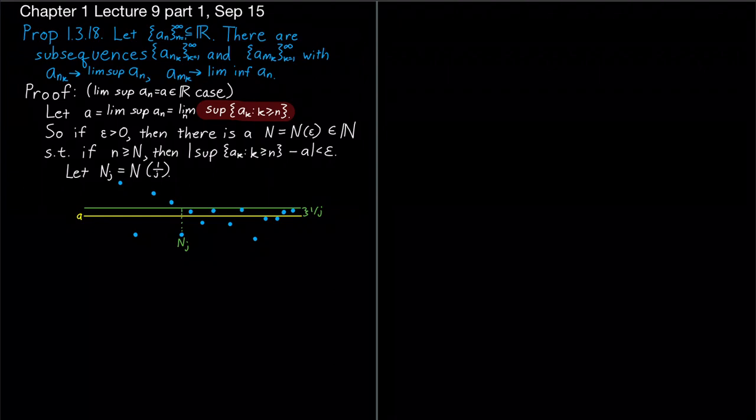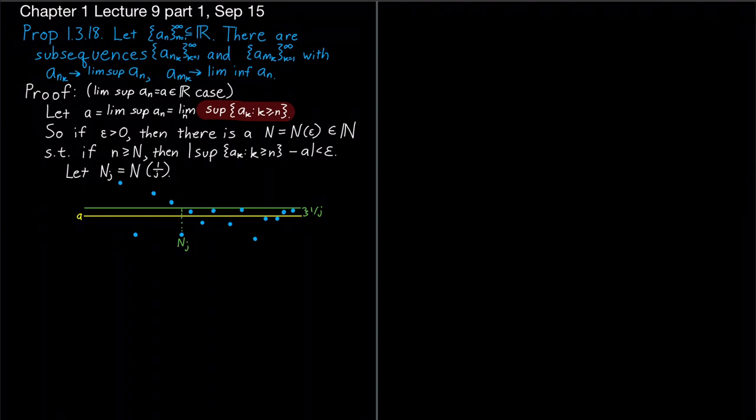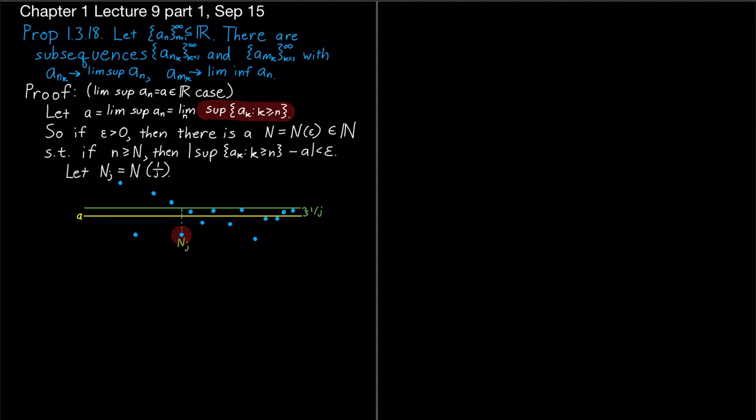More importantly, the lim sup only cares about upper bounds. In this case, we see that our N_j point might be quite far down below our target A, just as long as there's something close to A, not too much above it further on. So we're going to have to do a little bit more work.